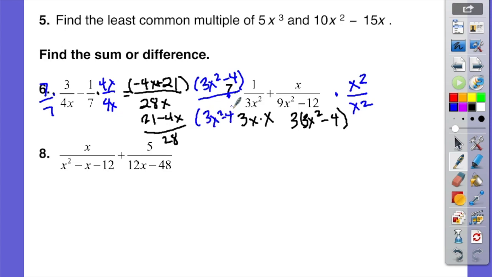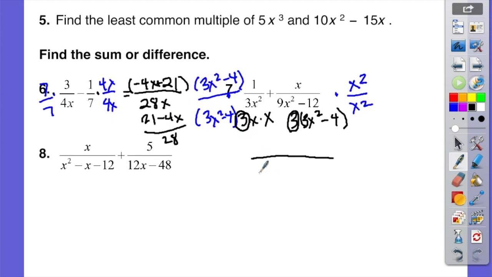Give yourself room, please. This is really 3 times x times x. This is 3 times 3x squared minus 4. So they both have in common the 3. Let me circle it so you can see it's in common. So that means that this one is missing an x squared, and this one is missing 3x squared minus 4.